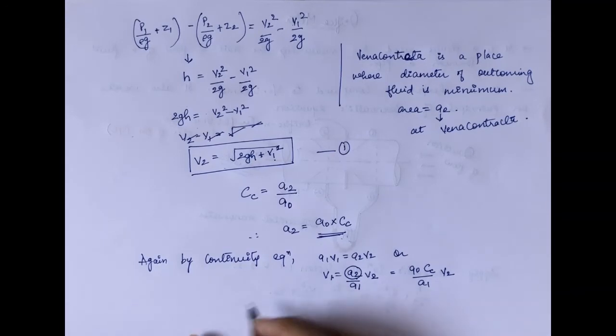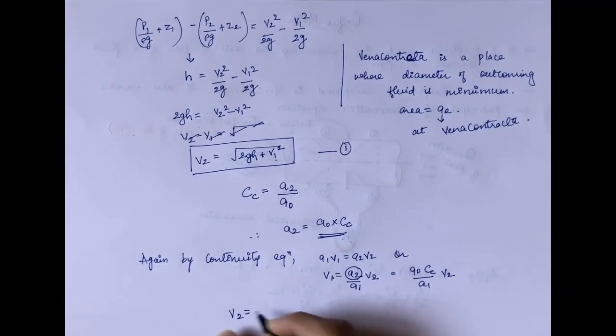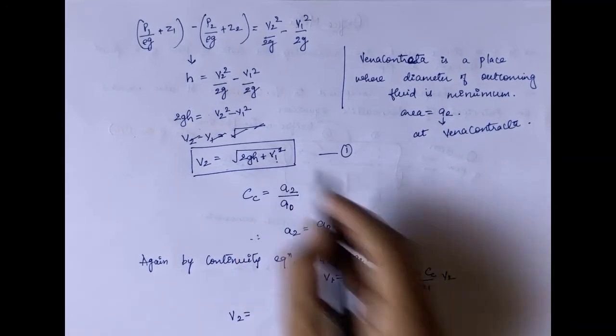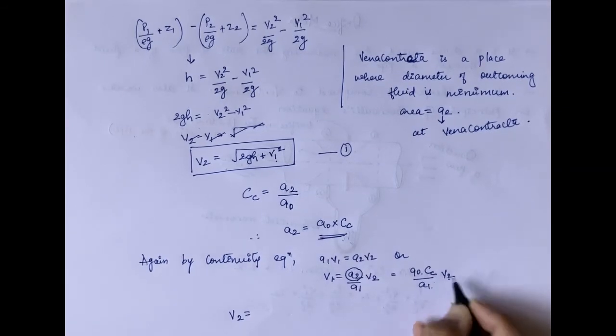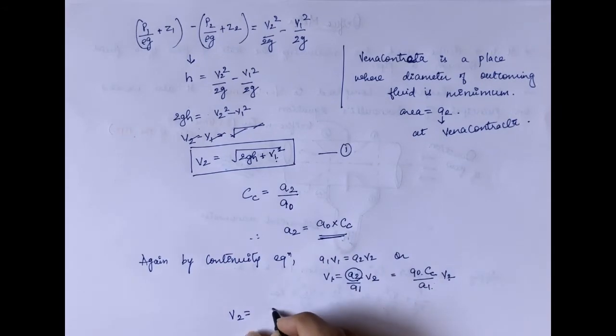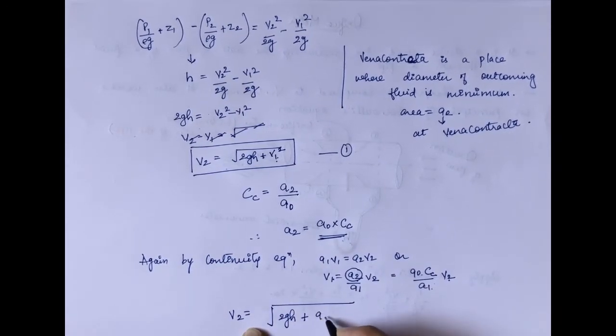Now substituting the value of V1 in the equation of V2, we will get V2 is equal to under root of 2gH plus A0 square Cc square V2 square upon A1 square.